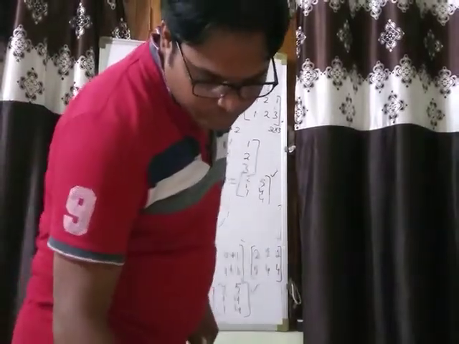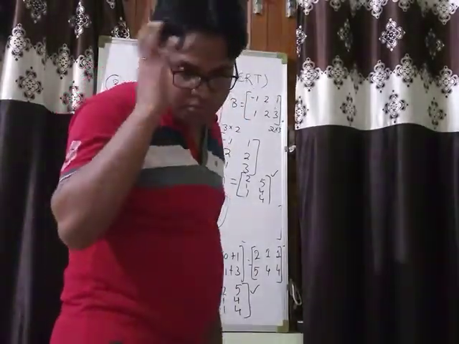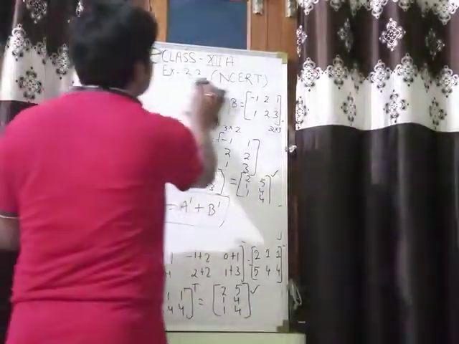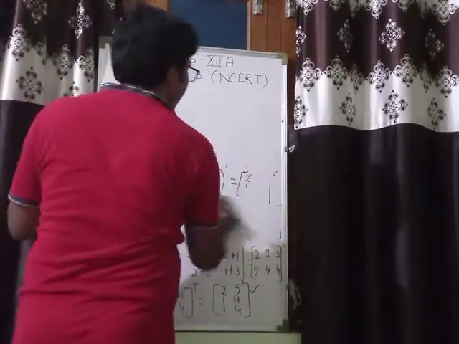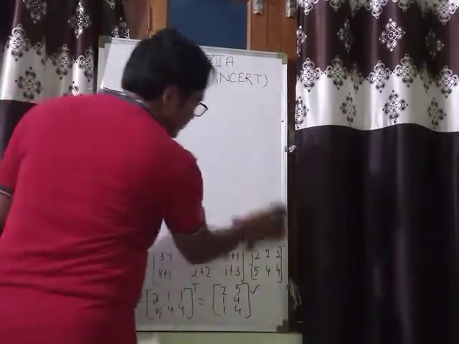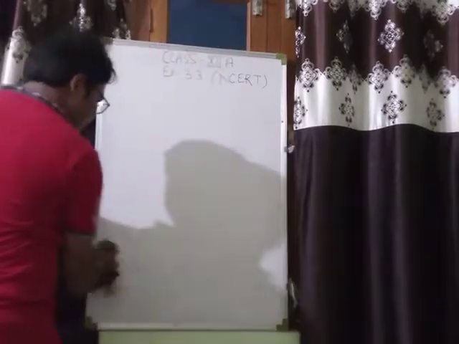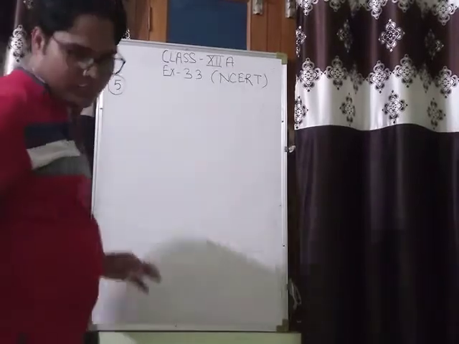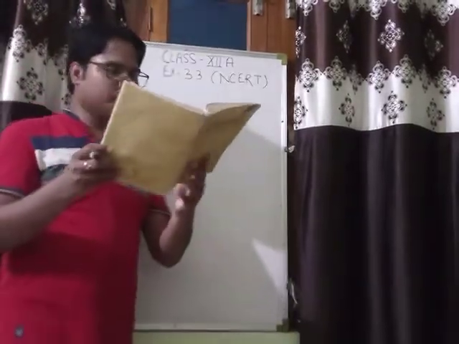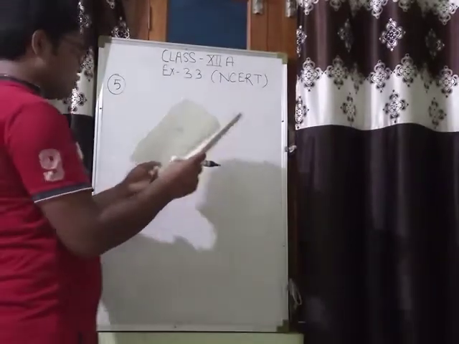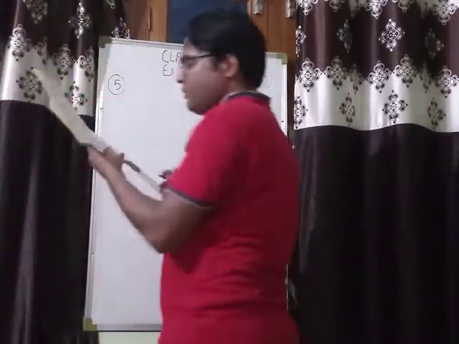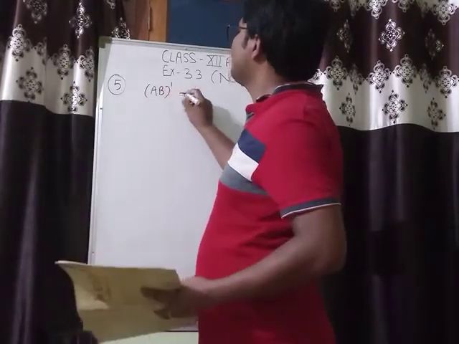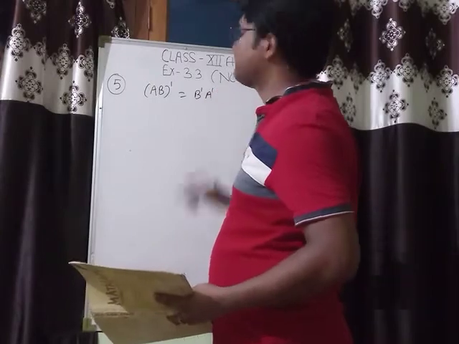Okay. Now read question number 5. See question number 5 here. Question number 5 is: find the matrices A and B. For the matrices A and B, verify (AB) transpose is equal to B transpose A transpose.